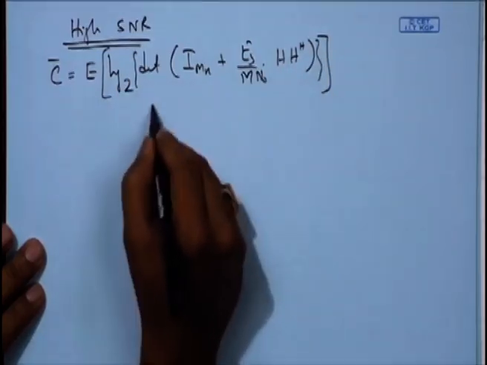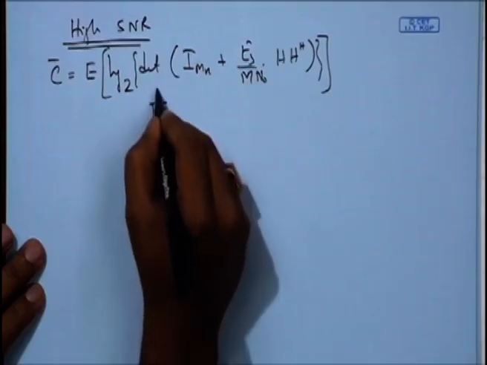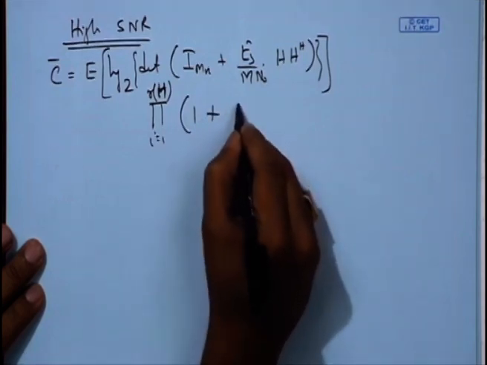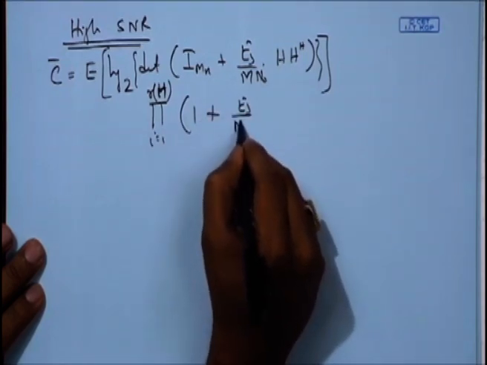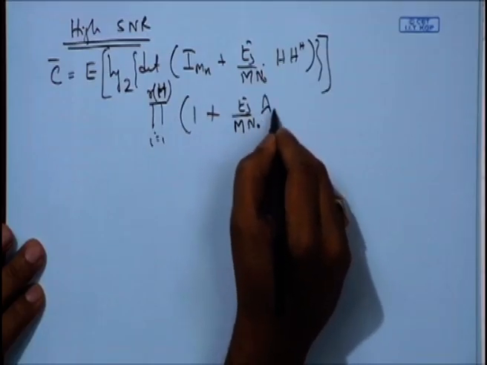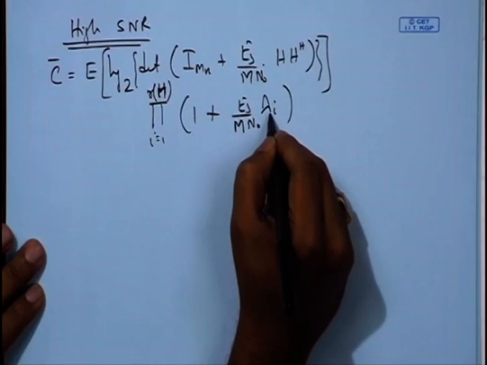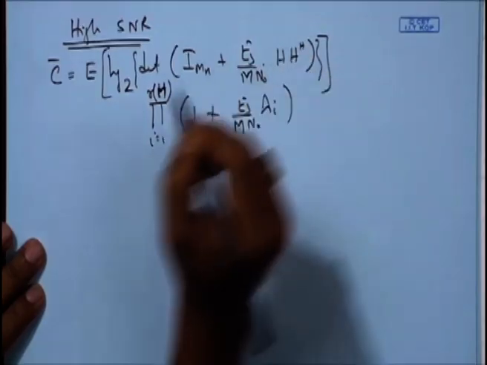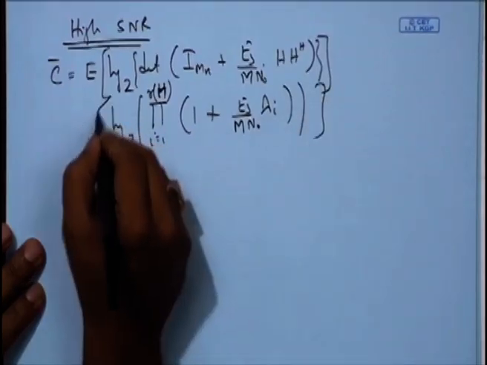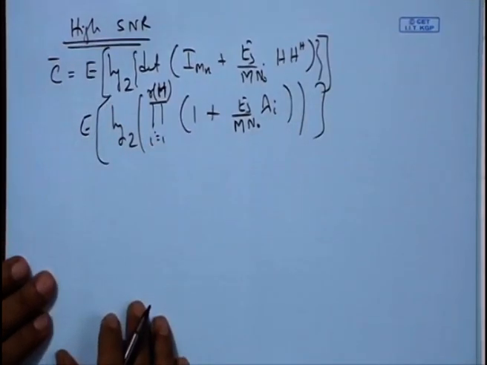So again, the determinant being the product over i equals 1 to rank of H of 1 plus Es by M_T N_0 times lambda_i, where lambda_i is the eigenvalue of H H Hermitian. Log base 2 determinant is replaced by this, under the expectation sign.